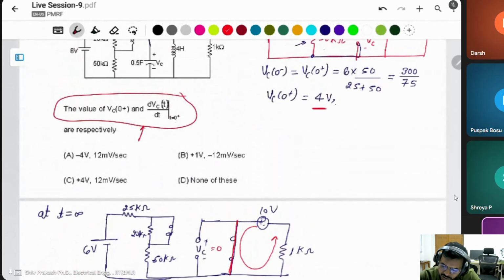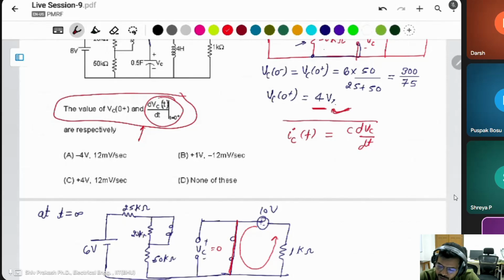Initial voltage we have found already, but you have to find the rate of change of voltage. And you know about the rate of change of voltage, what is it? Current in the capacitor. It means you have to find the current at the initial point.